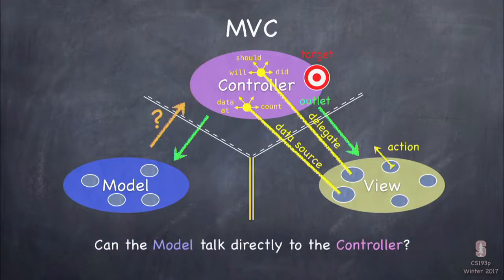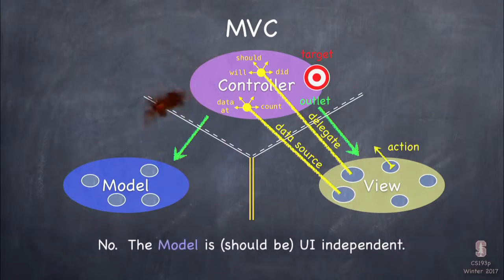All right, now what about the model communicating with the controller? Now, this can never happen either. Because the model is UI independent, it knows nothing about any particular UI, so there's no way it could talk to a UI guy like the controller. So what happens, though, if the model changes, the data changes? That controller needs to know because it wants to update the screen in that case. Well, the way we do that is with a model that kind of looks like a radio station.